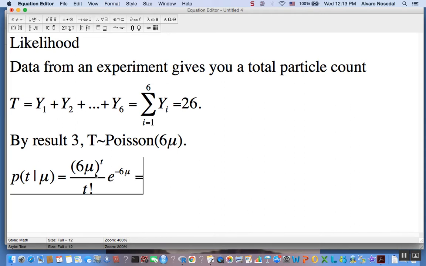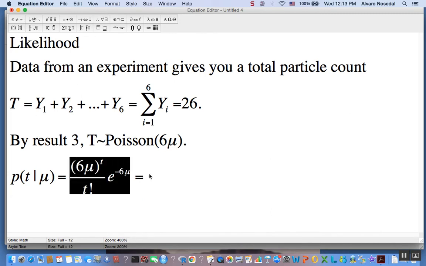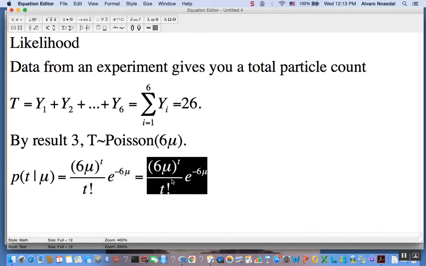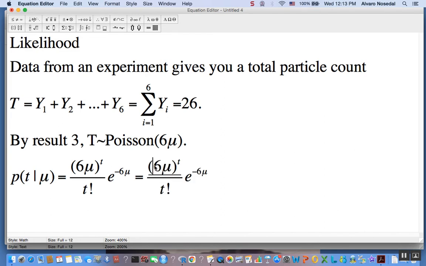Note that we could rewrite this as follows. This is the same as 6 to the power of t and mu to the t. What I want you to see here is 6 to the power t is just a constant.